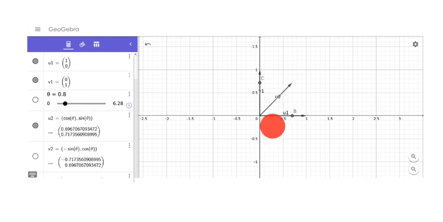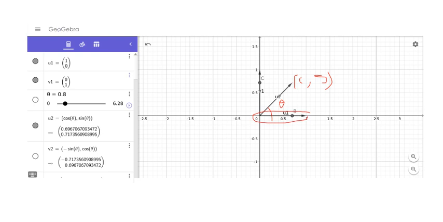Since the length is 1, you can say that B is cos theta and this is sin theta. So the coordinates of this point will be nothing but cos theta comma sin theta, right? And this is the angle theta. So for this angle theta, the coordinates of the rotated vector will be cos theta, sin theta. This is for the first basis, for u1.